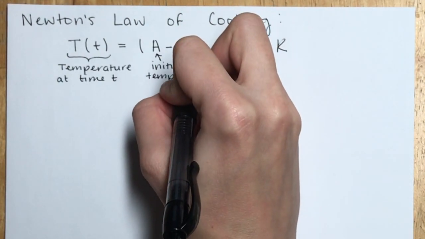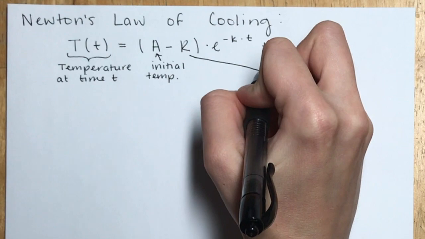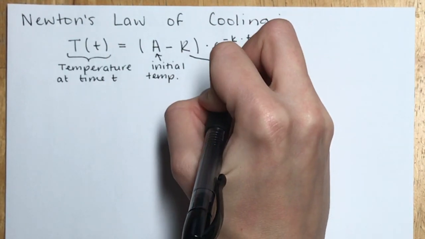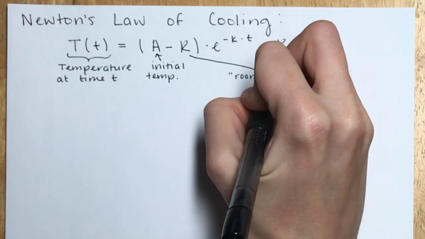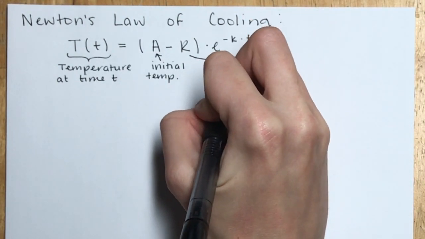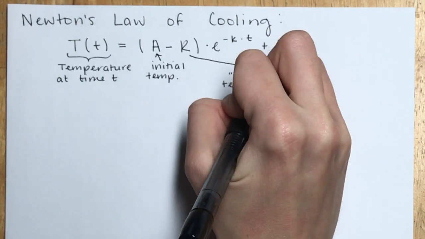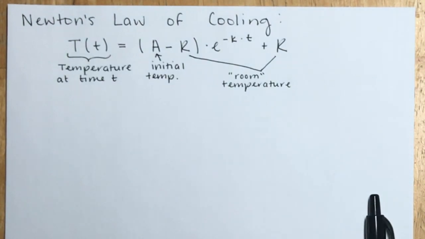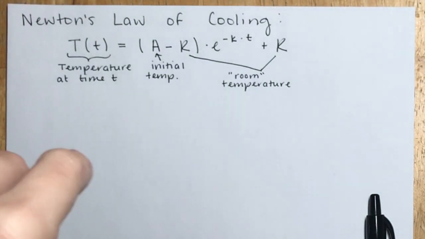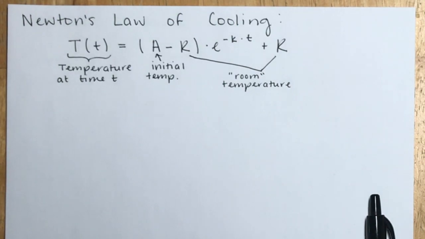In this case, R is going to represent what we call room temperature. And I put room in parentheses because what it actually is the surrounding temperature. So for instance, in the case where we're talking about something that's going into a refrigerator, this R value is going to be the temperature inside of the refrigerator.